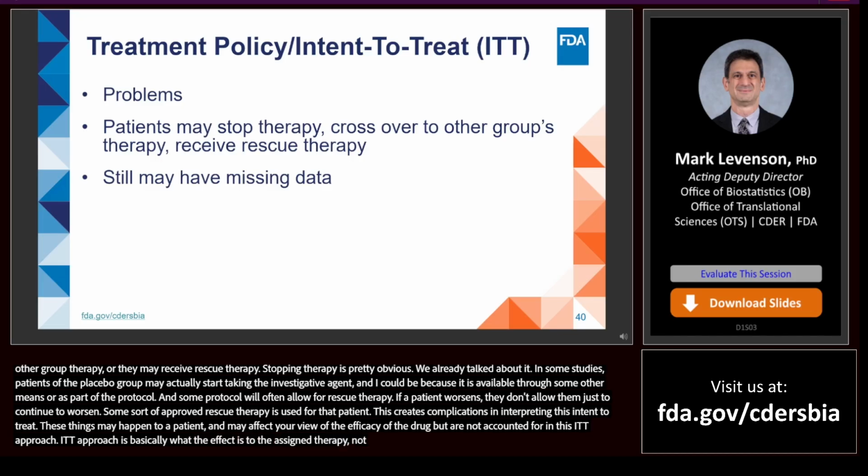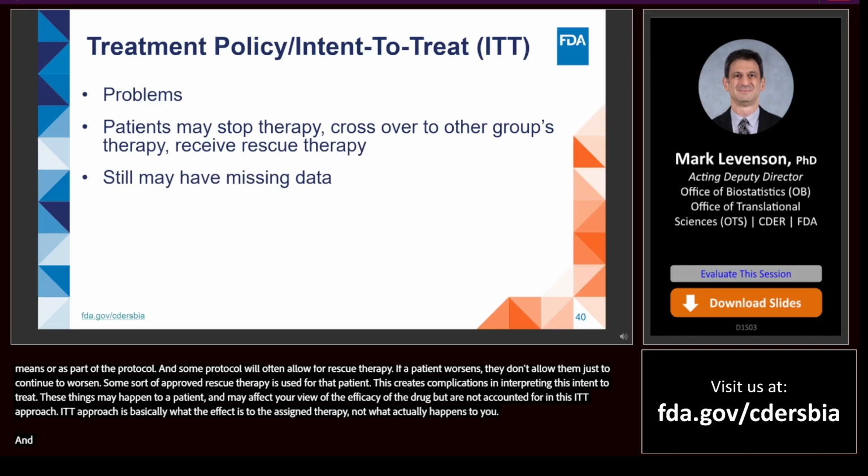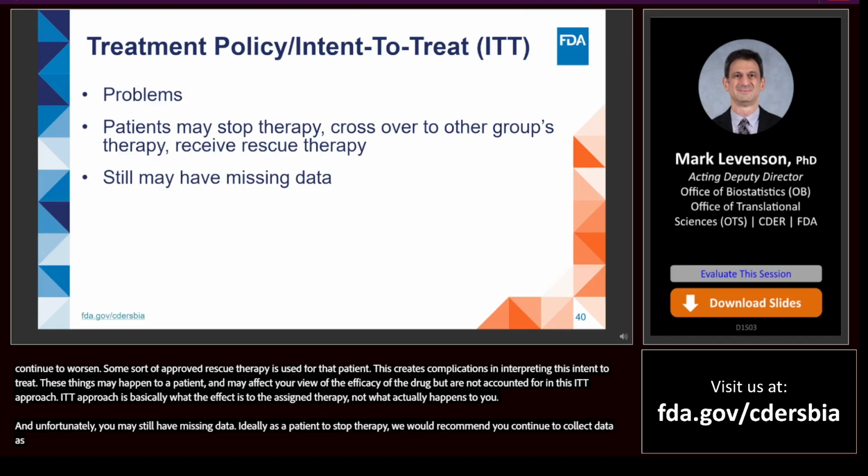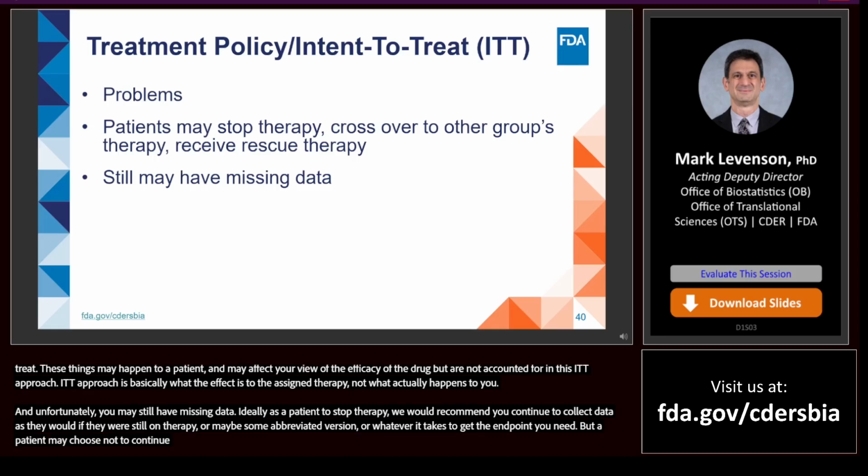So ideally, if a patient stops therapy, we would recommend that you continue to collect data as you would if they were still on therapy, or maybe some abbreviated version, or whatever it takes to get the endpoint you need. But a patient may choose not to continue to be followed up, or they may be lost to follow-up. So you still may have missing data. To do the intent to treat, you need data on all the individuals. So this is a limitation. You'll have to find some way of handling this missing data.